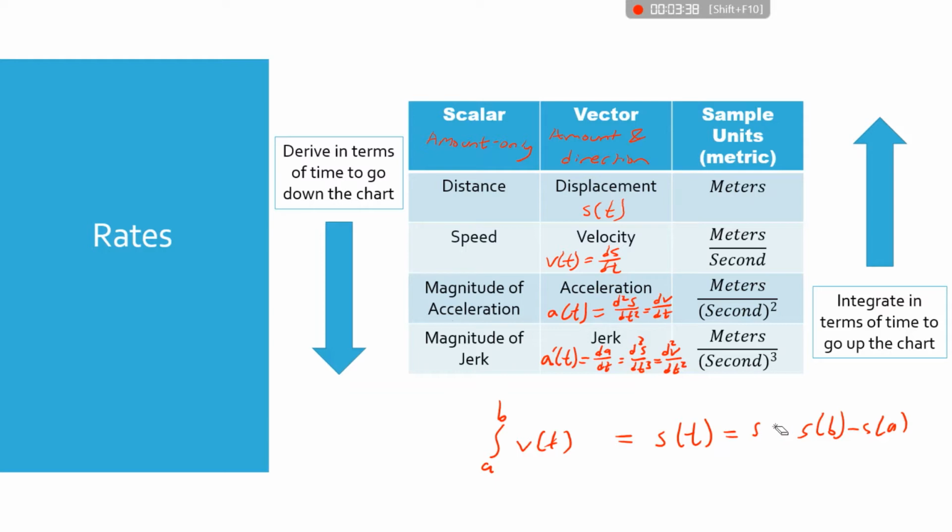So this will be my change in displacement from A to B. Okay, if you just integrate v of t and you've got a function, so if I did this, where we don't know what the bounds are, if I integrate v of t, I would get an equation for what our displacement is at that time plus a constant. This constant is your displacement at time 0, or your initial displacement.